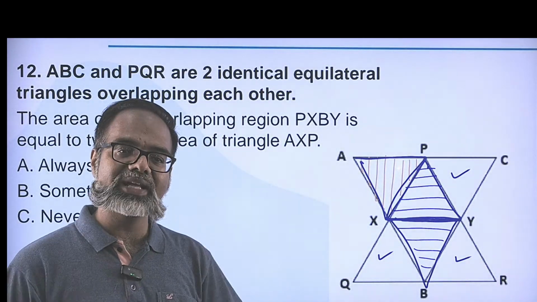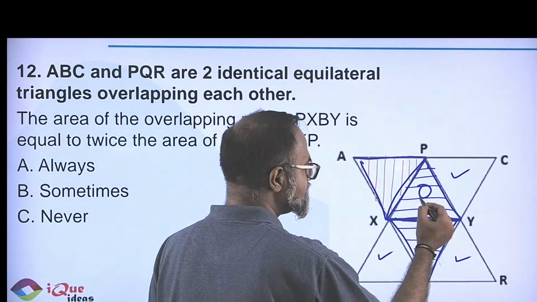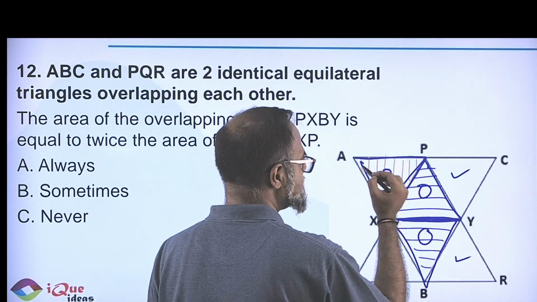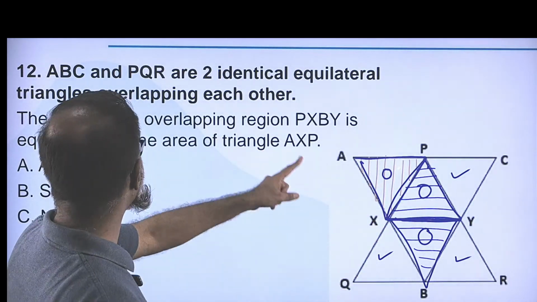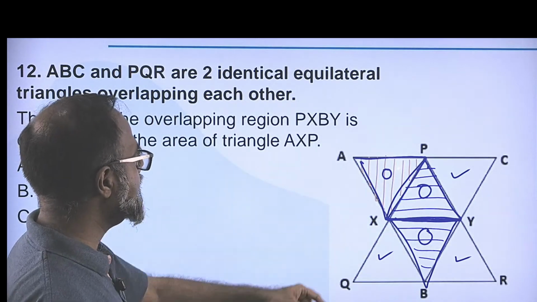And if all of them are exactly the same, then 2 times the same figure is definitely twice 1 time that figure. So, is the area of PXBY equal to twice the area of AXP?